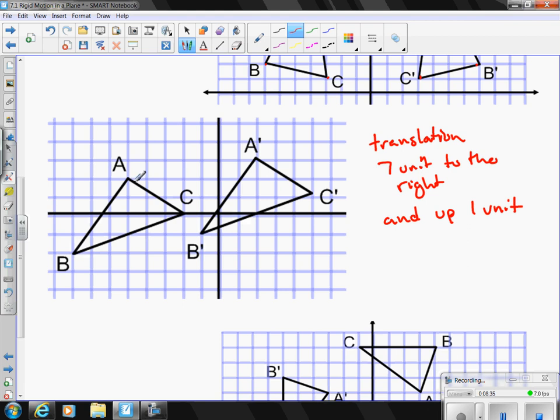And does that work for, so that was A to A prime, over 7, up 1. But this also is true for B to B prime, over 7, up 1, or from C to C prime.